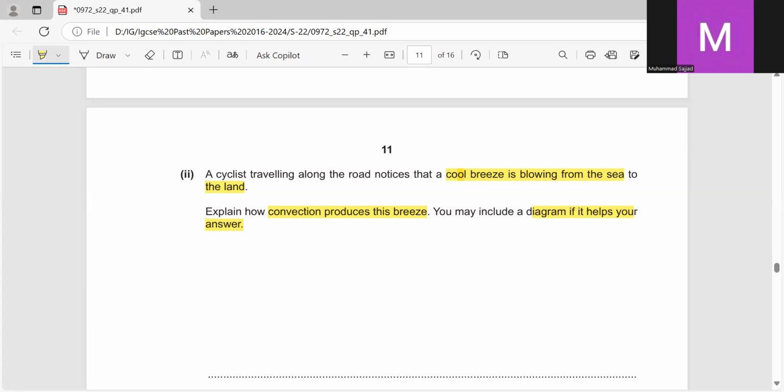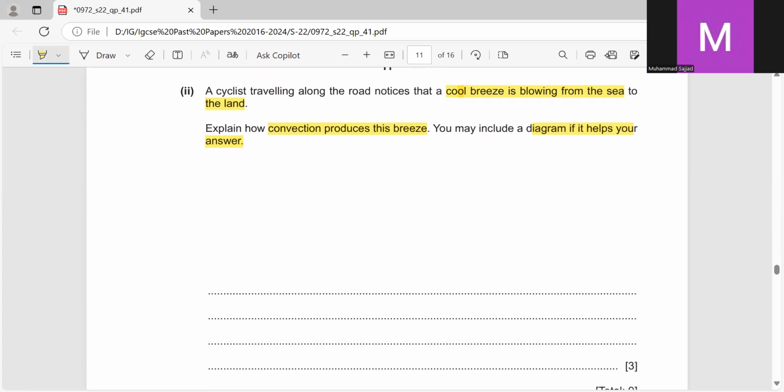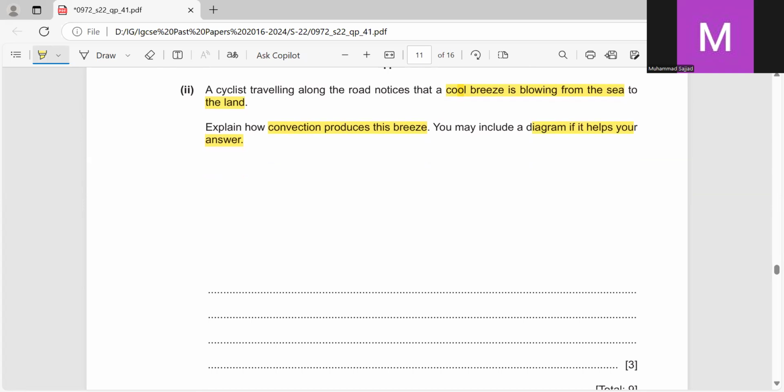Without diagram, we can write, and 3 valid points we can give to get these 3 marks. But convection, first of all, convection is a phenomena that is taking place through fluids, mean liquids and gases. Now here, the story is liquid, which is into the sea, mean water, and the air, which is on the beach, or of course on the road, above the surface of the road.